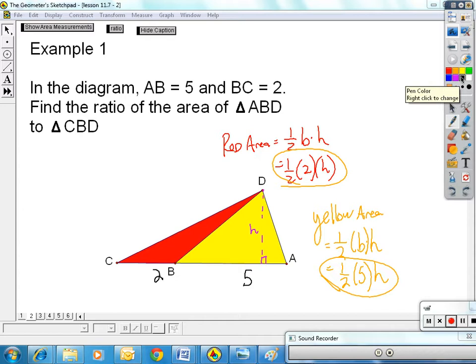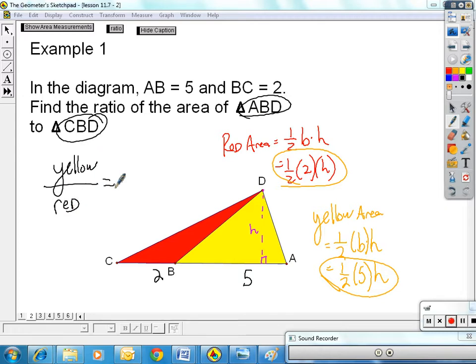So I want to find the ratio of the areas of ABD. ABD is yellow to red. So yellow to red is going to be 1/2 times 5 times the height divided by 1/2 times 2 times the height. Heights cancel because they are the same value. 1/2 over 1/2 cancel.